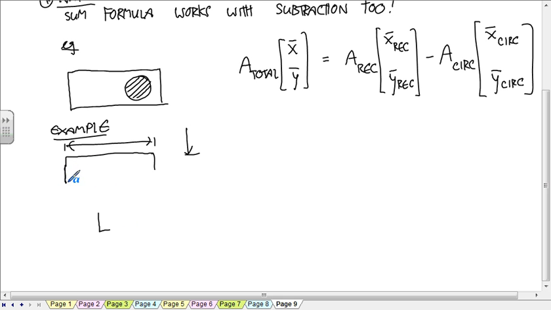Okay, so let's say that this is 0.1 meters. The width is 0.2 meters.